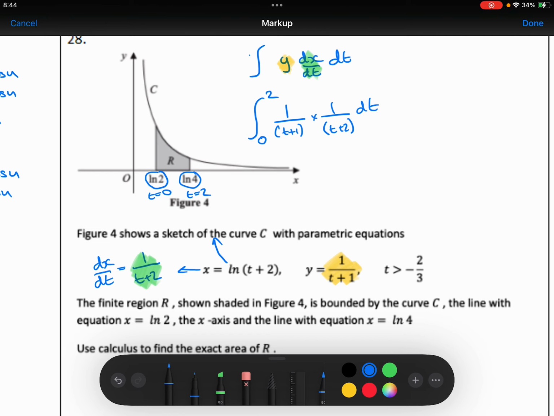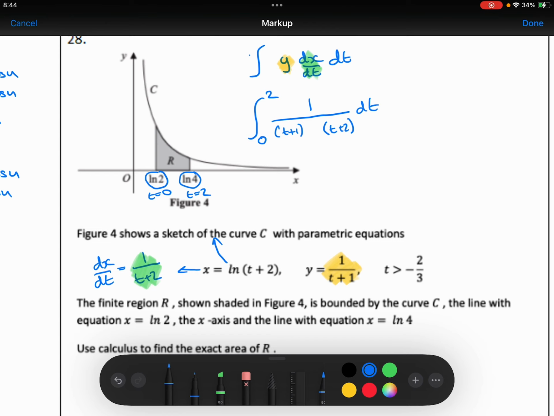Right, we need to integrate this product that we have here, this product of 1 over t plus 1 times 1 over t plus 2. Well, first I could just combine those two fractions together to be a single multiplication. But I don't want it to be a product there.